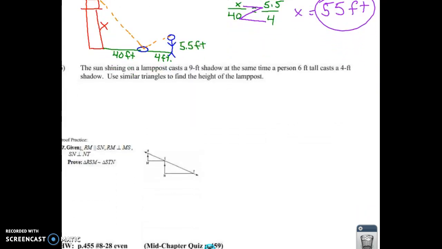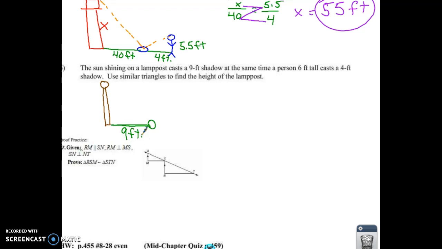I know I'm getting quite a bit. The sun is shining on the lamppost that casts a 9-foot shadow. So let me get my lamppost here. Here's my lamppost. Now where do shadows lie? Don't shadows lie on the ground? So then here's the shadow of my lamppost here. And that's a 9-foot shadow.